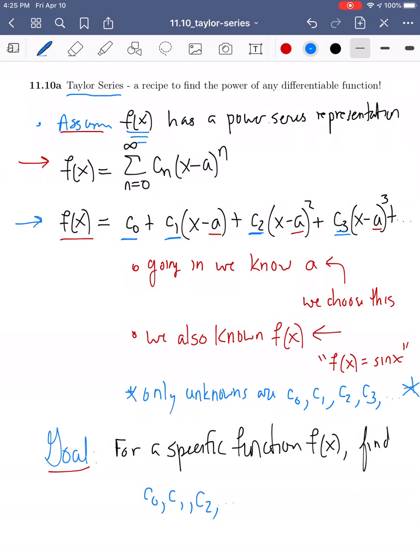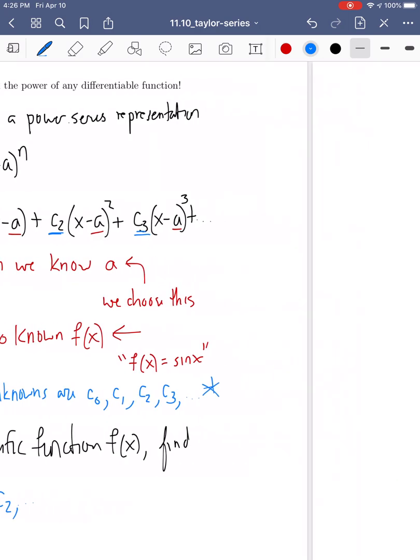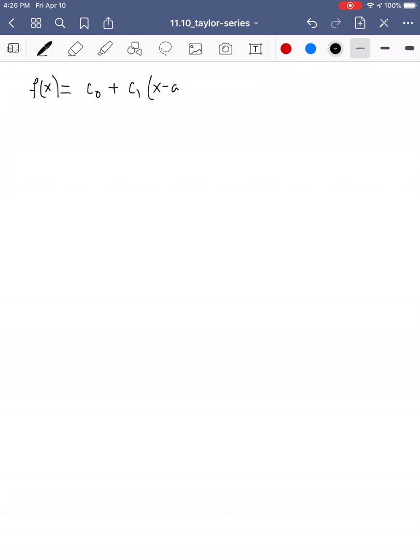All right, so now that we've listed our goals, what we know, what we don't know, let's go back and see if we can come up with a recipe for finding C0, C1, C2, C3, and so on. So I'm just going to rewrite what we know from our power series. f of x is equal to some C0 plus C1 times x minus a, plus C2 times x minus a squared, and so on.